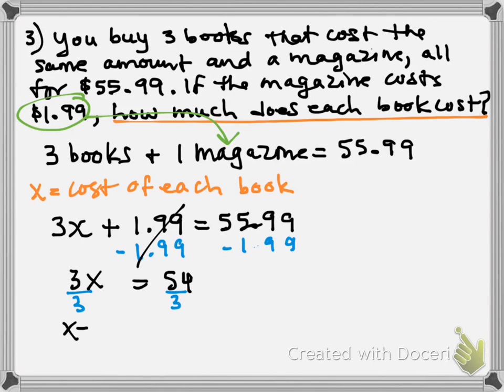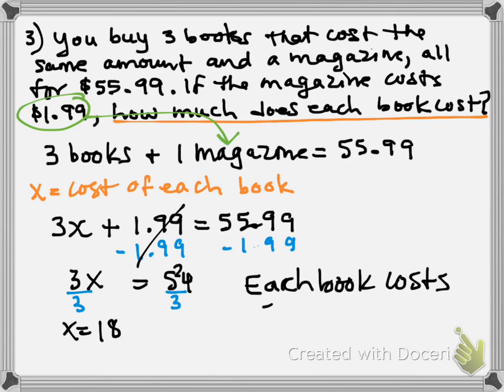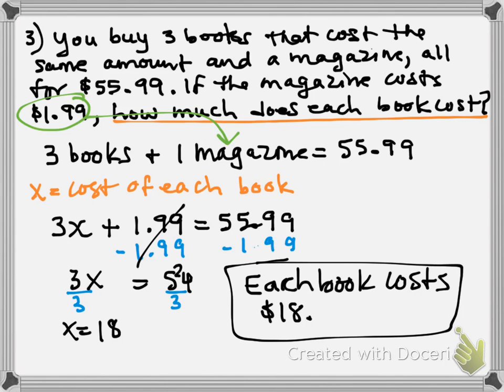And I get x equals, well, 3 goes into 5 once with 2 left over and into 24 8 times. So what does x equals 18 mean in this problem? Each book is $18. And there's exactly the answer to this problem. Each book costs $18. Okay? All right, that's it.